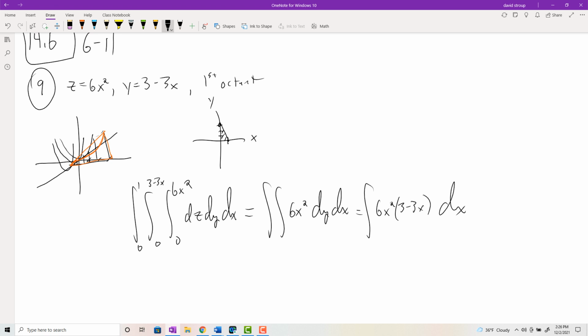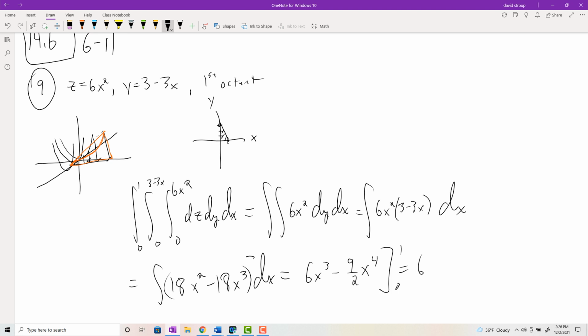And then it's with respect to x, so it's going to be 18x squared minus 18x cubed from 0 to 1 before I do dx. So that would be 6x cubed minus 9 halves x to the 4th from 0 to 1.